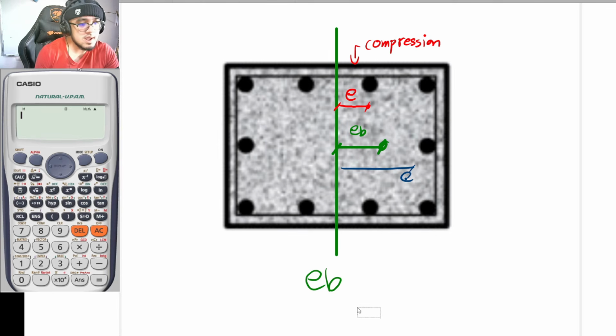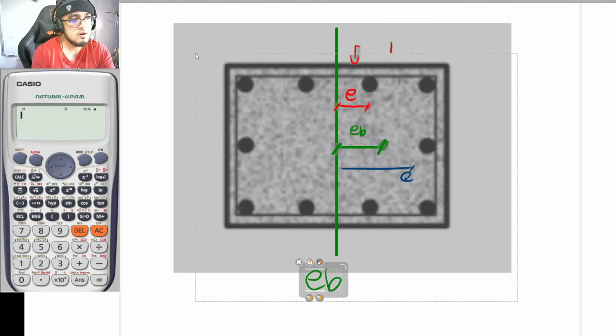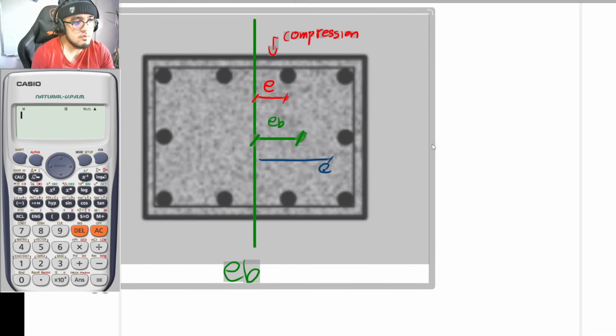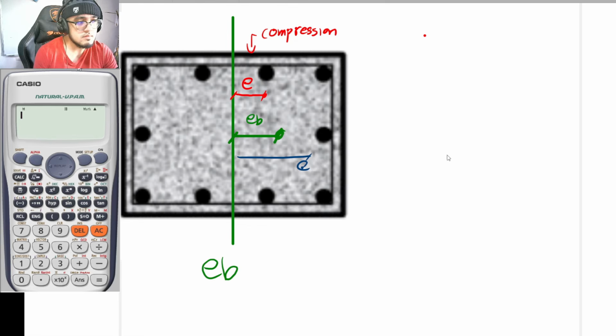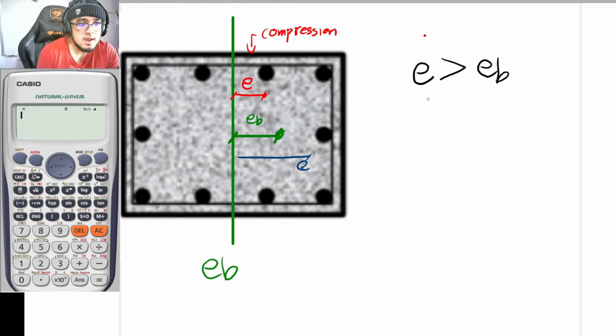Okay, with those taken into consideration, I would just be moving them here. I would now be making some conditions here. If your eccentricity e is greater than your balanced eccentricity, it means that of course your fs would now yield, or fs is greater than or equal to fy.